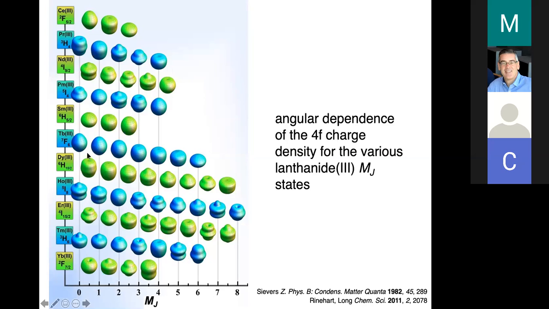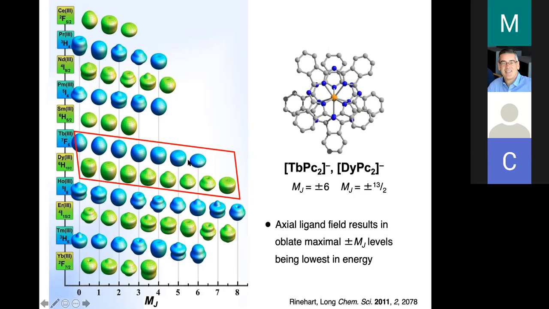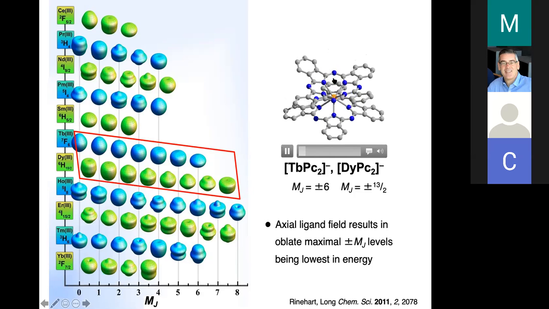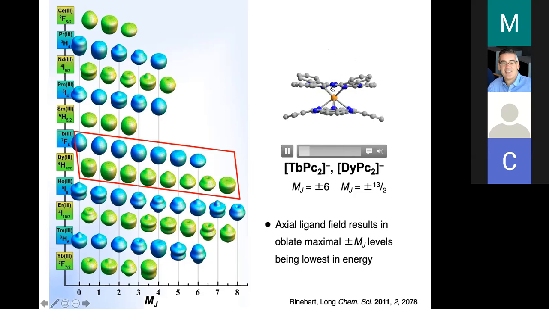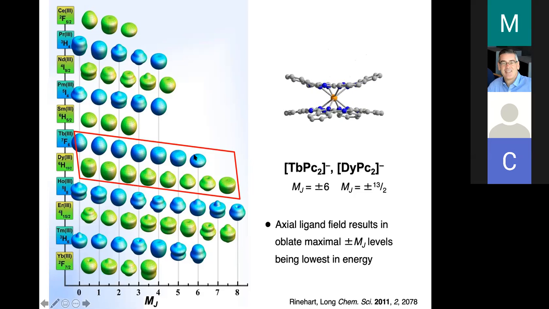And so if we look, here's terbium 3+, right? And if you think about it, the positions of the negative charges on these ligands are going to have a repulsive interaction with the F electrons of the terbium 3+.